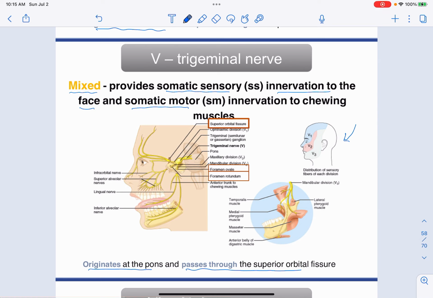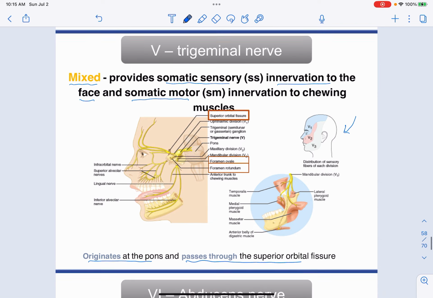And you remember how big the superior orbital fissure was when you looked at the sphenoid bone. That was to be able to hold, to accommodate these different nerves. That's the word I was looking for.